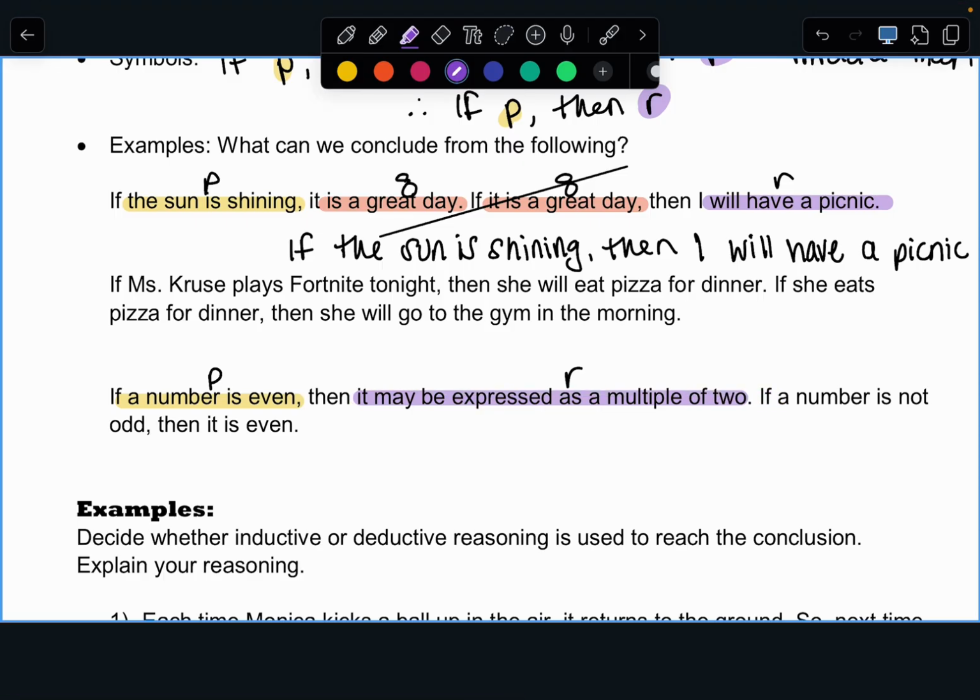It doesn't matter. Okay? If a number is not odd, is that something new or something old? Not odd. Do you see not odd anywhere else? No. I know you know that that's the same as even, but on paper it's not. So let's call this something else. Let's call it Q. Then it is even. What color?